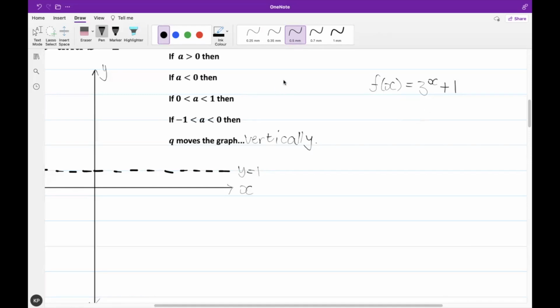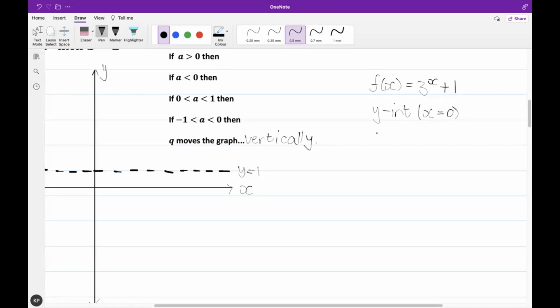If I want to know where this graph is going to cross my y-axis, which one do I make 0? Is it x or is it y? I'm going to have to make my x 0. So I want to know my y-intercept, which means x is 0.